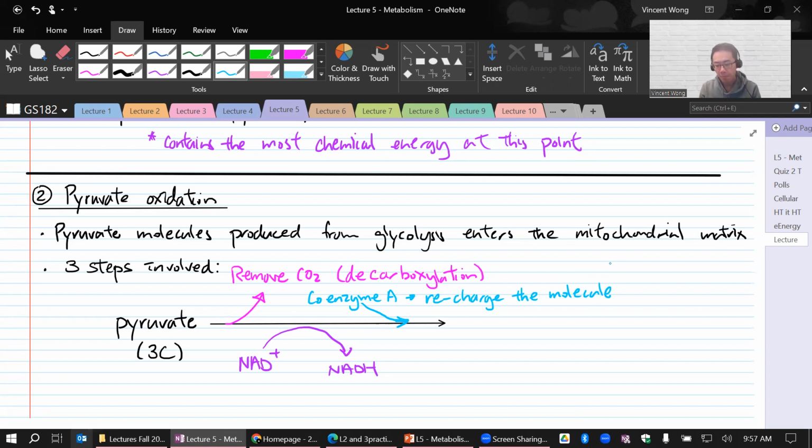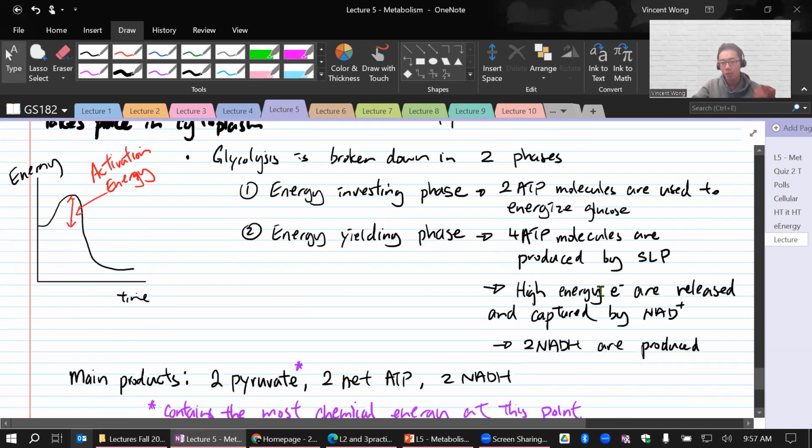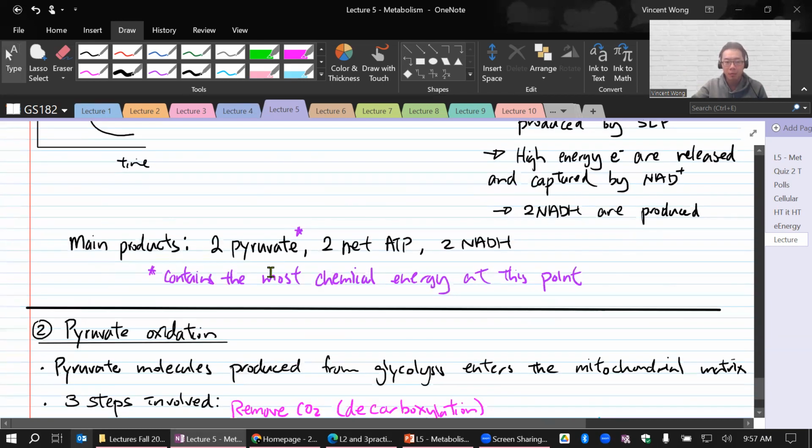Okay. Let me just say that one more time, in a slightly different way. We started with glucose, and in order for us to get glucose to react, we want to charge it up. We want to energize it. How did we do that? We invested 2 ATP. So the molecule is energized now, and then we did all these things in the yielding phase. We make 4 ATPs. We release high energy electrons. We produce some NADH. And then it becomes the pyruvate.